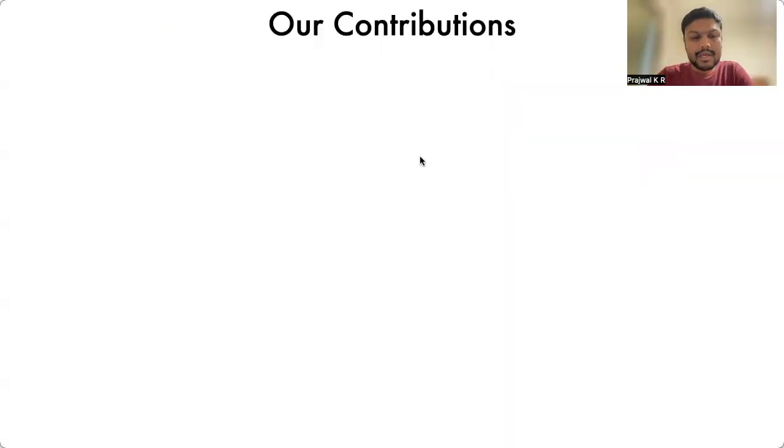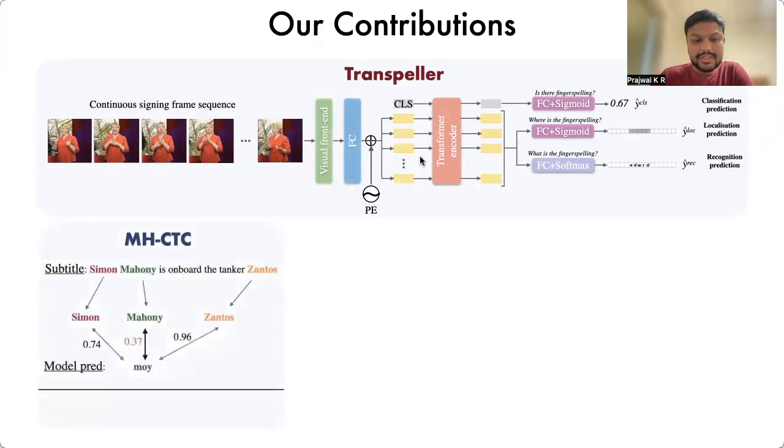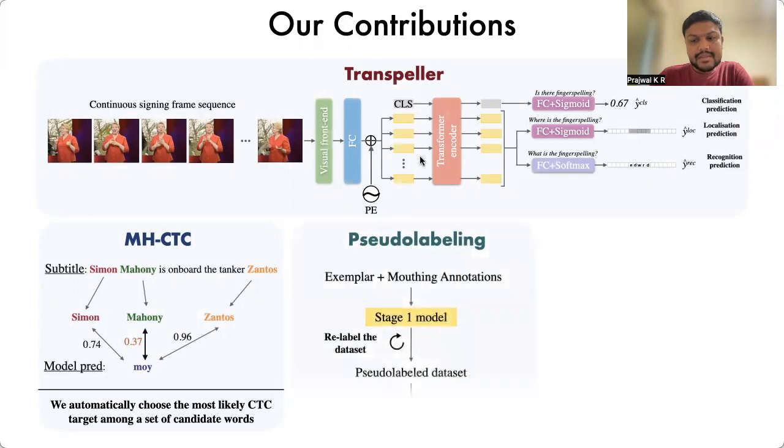Our work tackles these challenges with the following contributions. We train a fingerspelling detection and recognition network that learns from noisy automatic annotations with weak supervision. In order to handle the noise in our training data, we propose a new loss function and also make use of pseudo-labeling to improve the recognition accuracy.